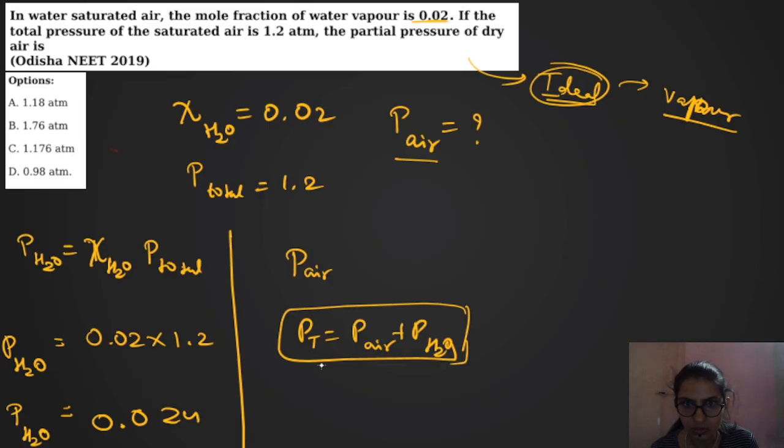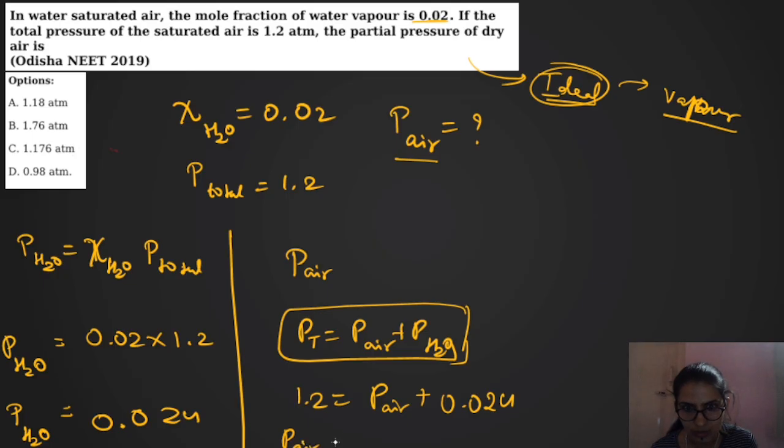So what we will do, we'll simply write down the data we have. 1.2 I'll write down here, P total. P air do we have? No, that is only what we need to find out, plus partial pressure of water, we got it from here, that is 0.024. Now I'm going to subtract.